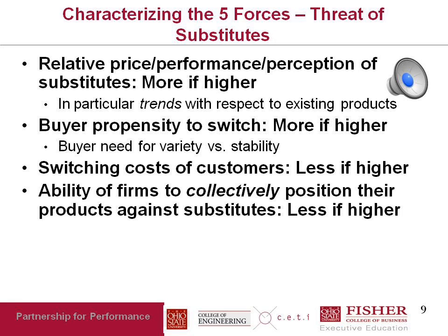And then finally, it's the ability of the firms within an industry structure to position their products collectively against substitutes. So think about where that happens. You all must have seen the Got Milk ads. That's because the milk industry as a whole, all the organizations or businesses within the milk industry, have collectively bonded together in order to position or advertise the qualities of milk.